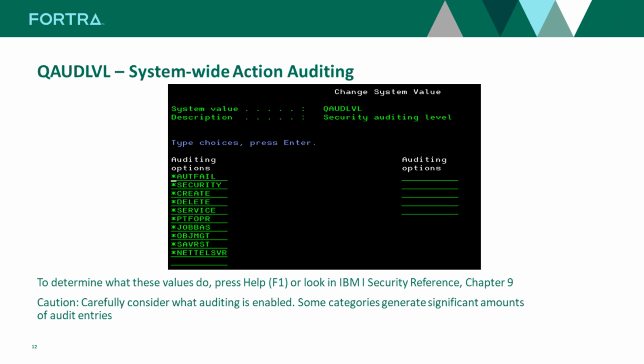So what can we do with this QAUDLVL? And I know we've already got a comment out there about how much disk space these audit journals can take up. And I know back when I was managing systems and we were hitting that 85, 90%, the first place we went was deleting those journals immediately, right?